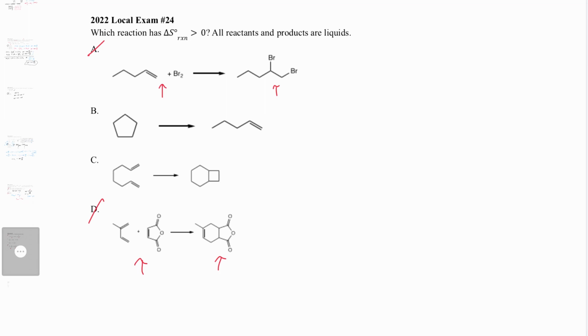So the fact that you're going from a cyclic to a straight chain molecule in answer choice B means that you are increasing your entropy. The fact that you're going from something open to something cyclic means that you're lowering your entropy. That means that C is not the right answer, and therefore B is the right answer. So the answer for number 24 is B.